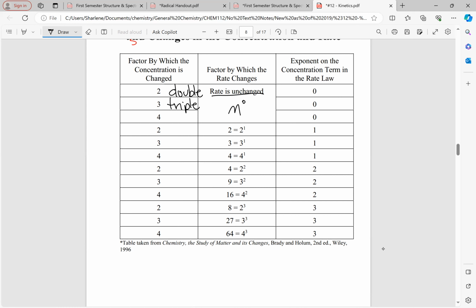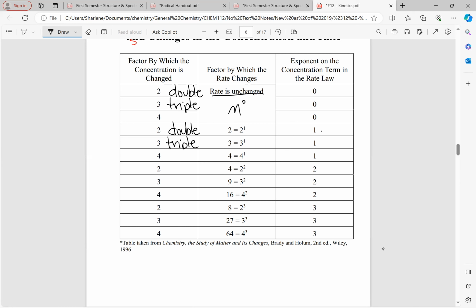If you quadruple it and it doesn't do anything, that means the 0 power. But if you double it and the rate doubles, that's first order. If you triple it and you end up with tripling, that's first order, and again quadrupling. So you'll be able to compare and contrast those.